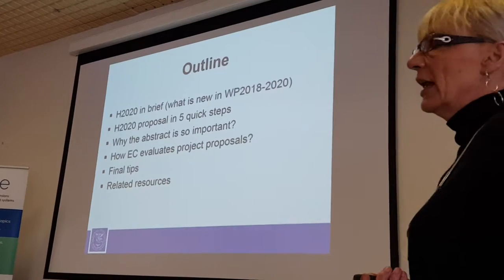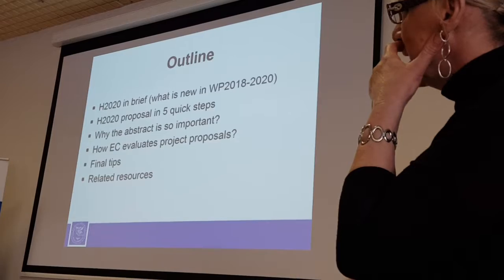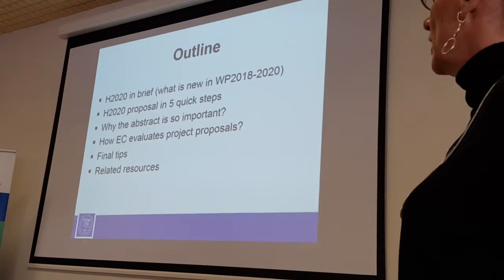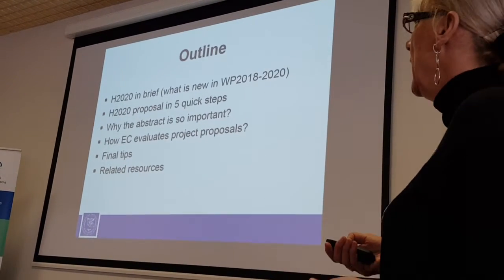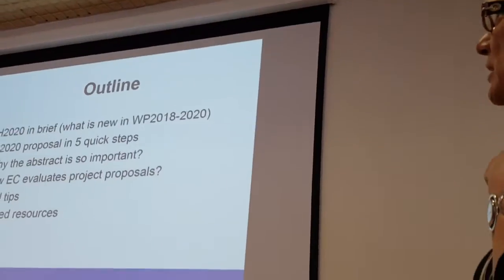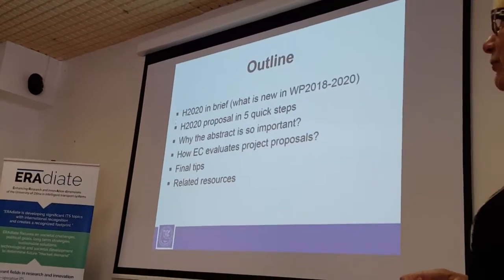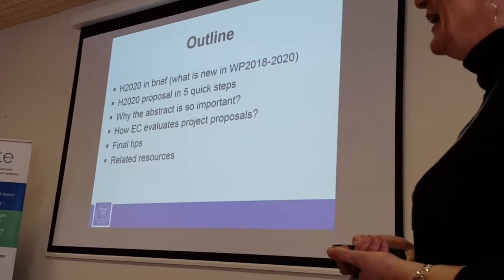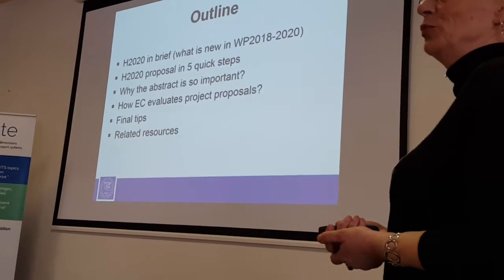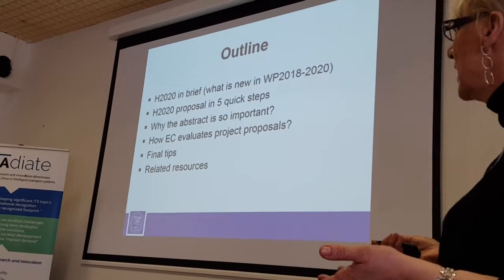So this is the outline of my presentation. First I will start with an overview of Horizon 2020 and highlight some aspects that are new in the work program 2018-2020. Then a very fast guide on how to prepare a Horizon 2020 proposal in 5 quick steps.